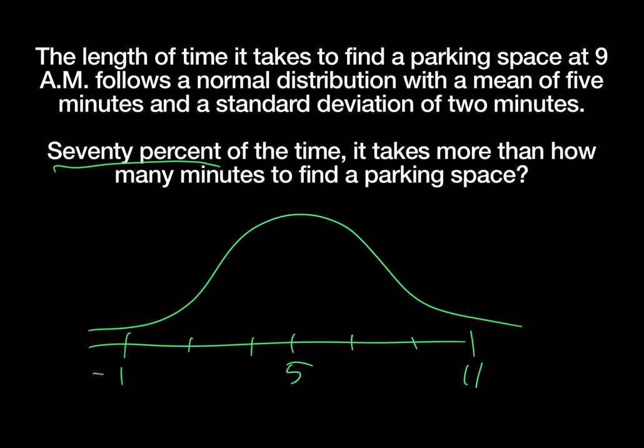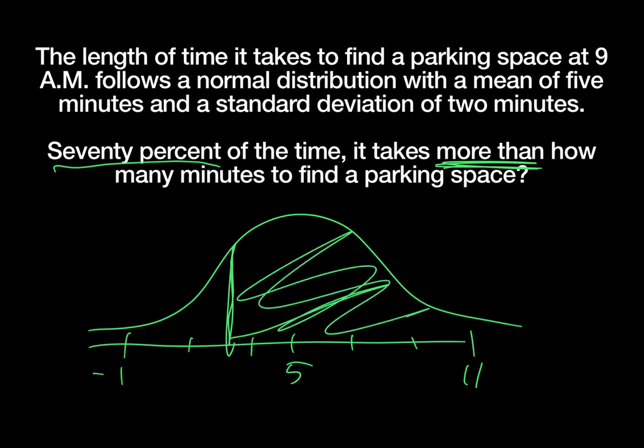That's negative 1, so that doesn't make sense for time, but we'll just go with it. 70% of the time, it takes more than how many minutes? So somewhere over here on the left is a value, and to the right of it is 70%.